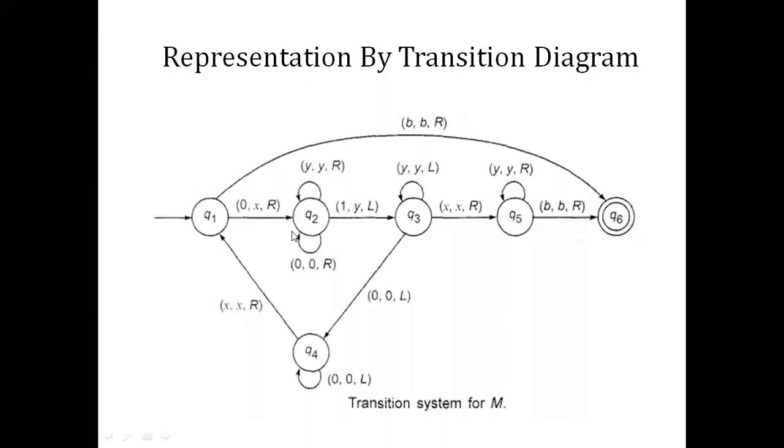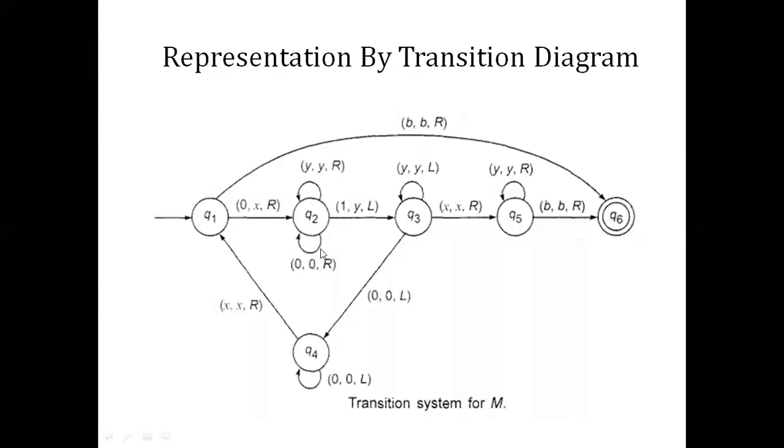So let us look at this particular diagram carefully. From every state, for every symbol under the tape head, the machine is making only one move, that is, a move to only one state. I cannot see multiple transitions for a particular symbol, say 0 from Q1. So this one is for B, this one is for 0.